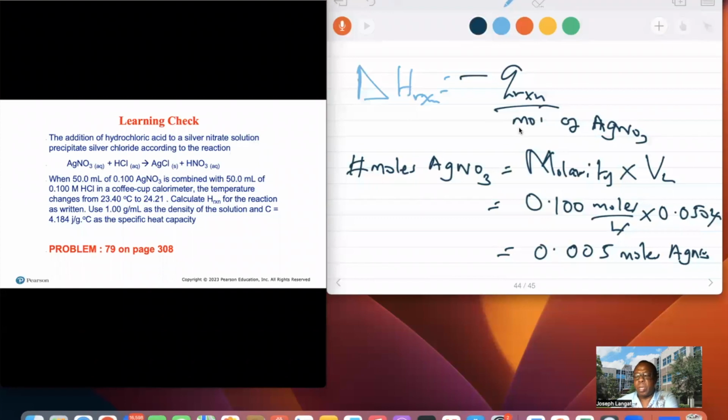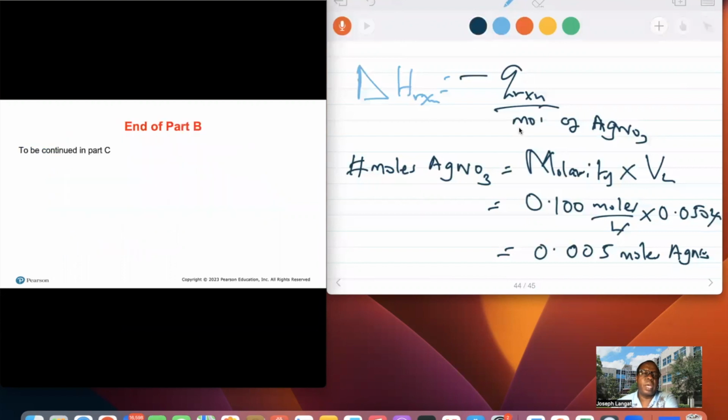You'll use the same calculation in experiment number 10, calorimetry, if you are taking the course at UNF currently. This marks the end of part B.